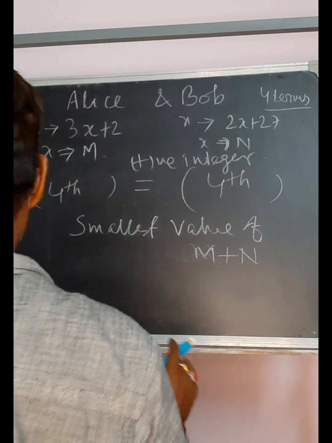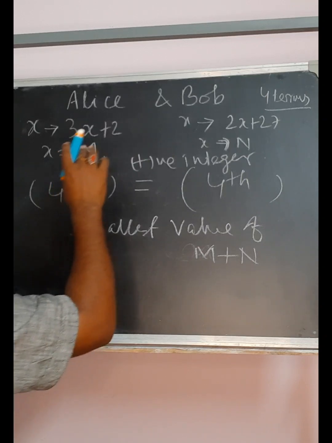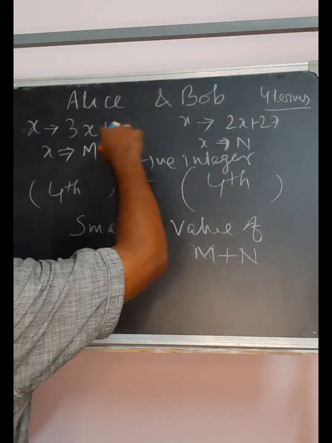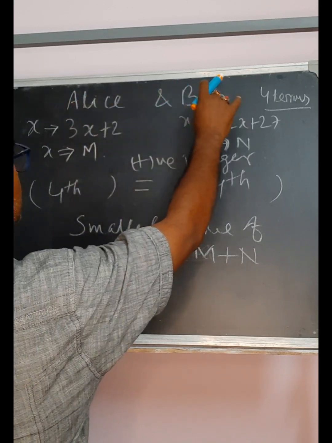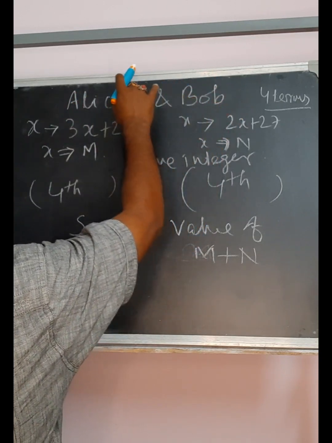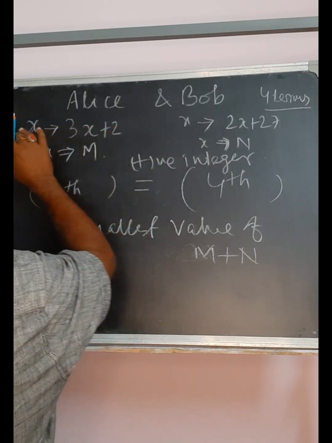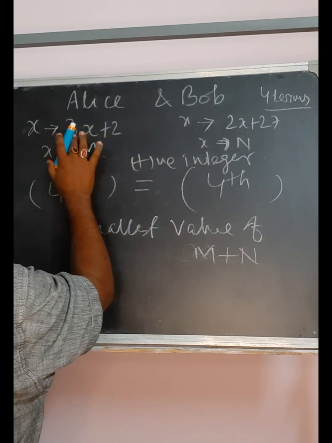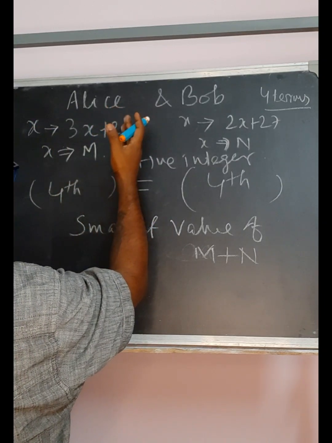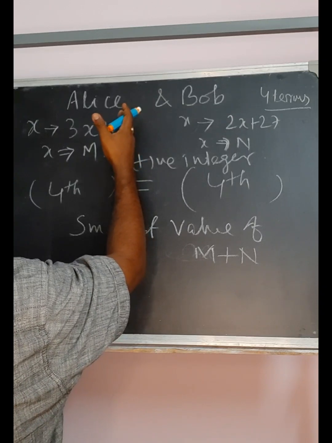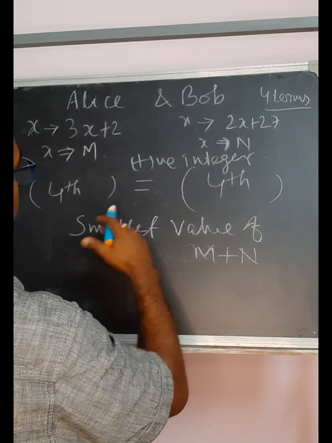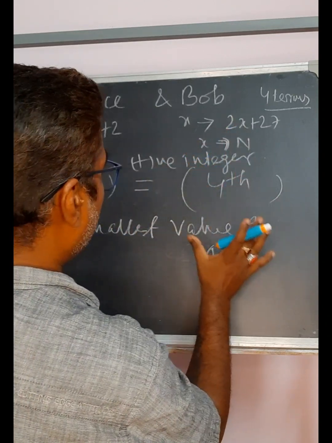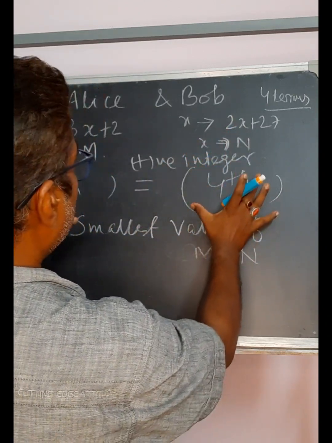Let me explain the problem again from the start. There are 2 characters, Alice and Bob. They are playing a game where, whatever terms they see on the board, they replace with some other expression of their choice. They play that game for 4 terms, and at the end the values they get are equal.